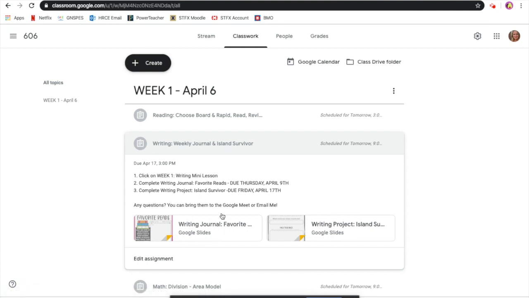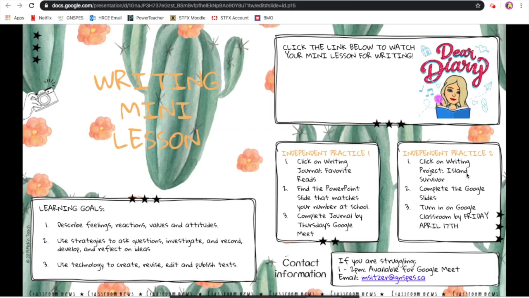So for the writing journal, please ensure that you're not going on there and looking at other students' work or changing other students' work, because we are going to be using this on our Google Meet. Okay, so those are our 2 activities for this week.